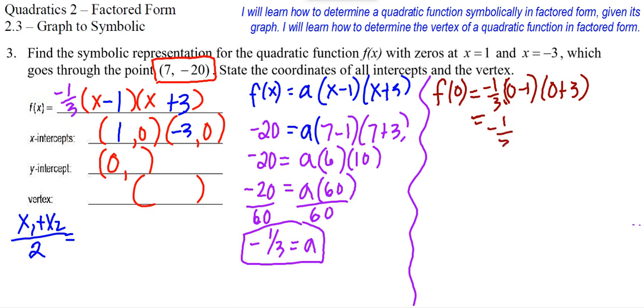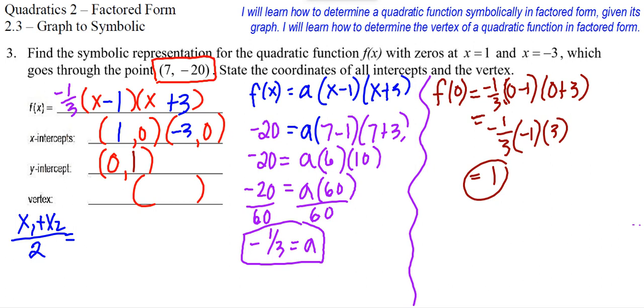We have negative 1/3, negative 1, and positive 3. Negative 1/3 times negative 1 times positive 3 gives you 1. So our y-intercept is at (0, 1).